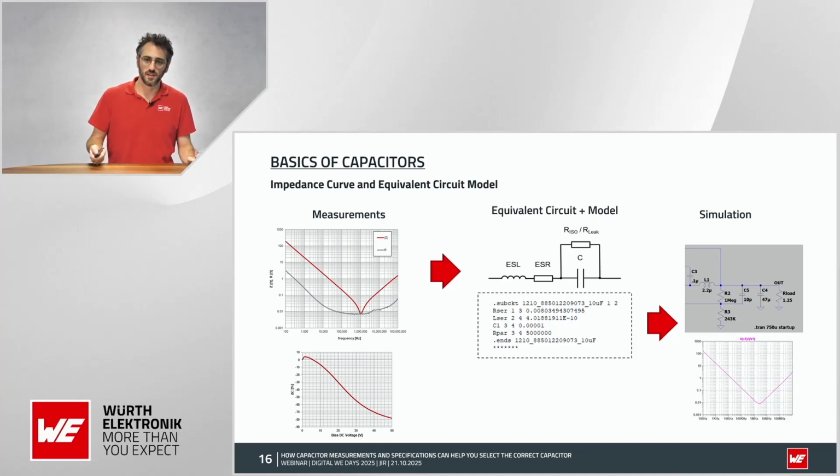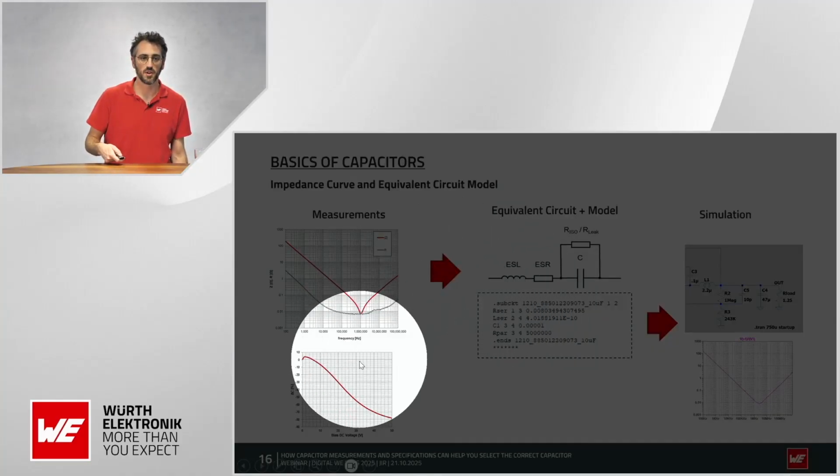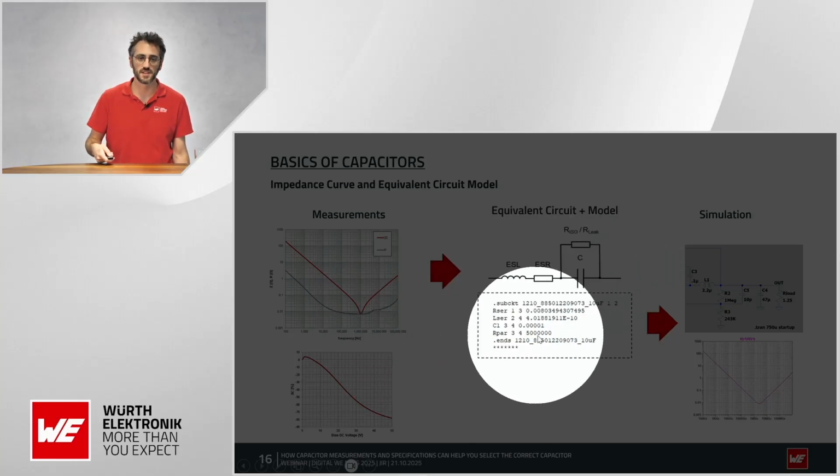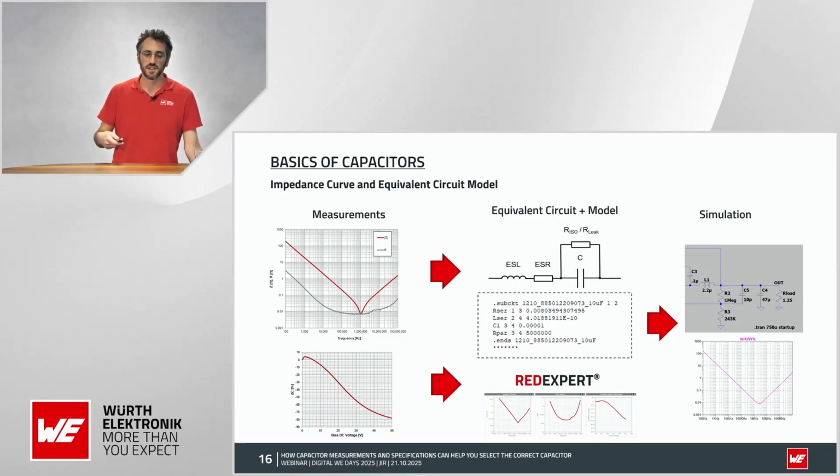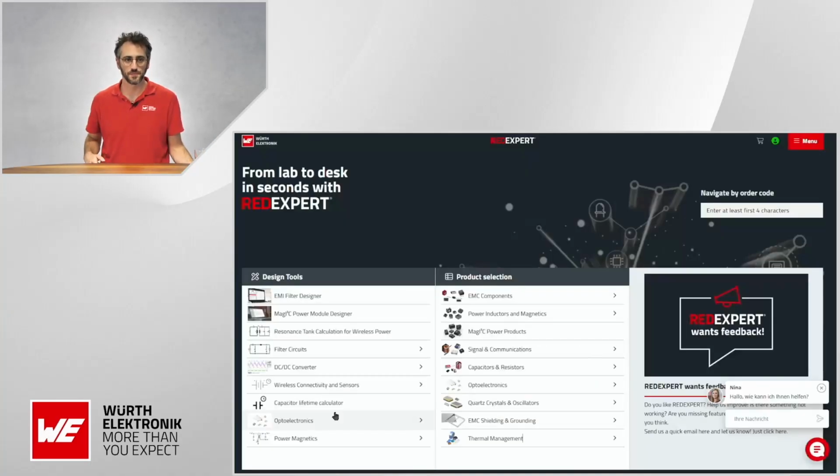And we also include DC bias in our simulation models. So both curves are modeled in this example. I mean, in this example, the capacitance is constant, but we have a model which includes the DC bias effect. And finally, as I already said, all these curves are in the DexPert for you to consider and also to create, if you prefer, your own simulation models.